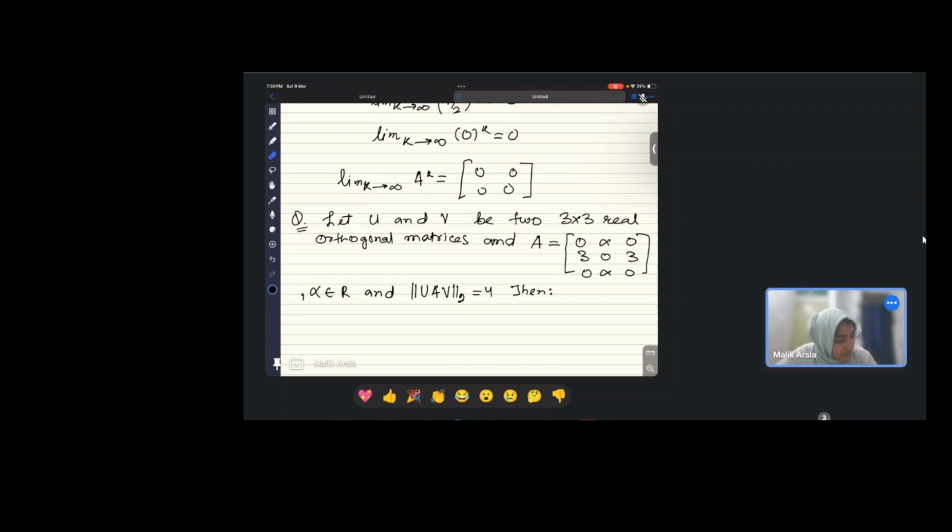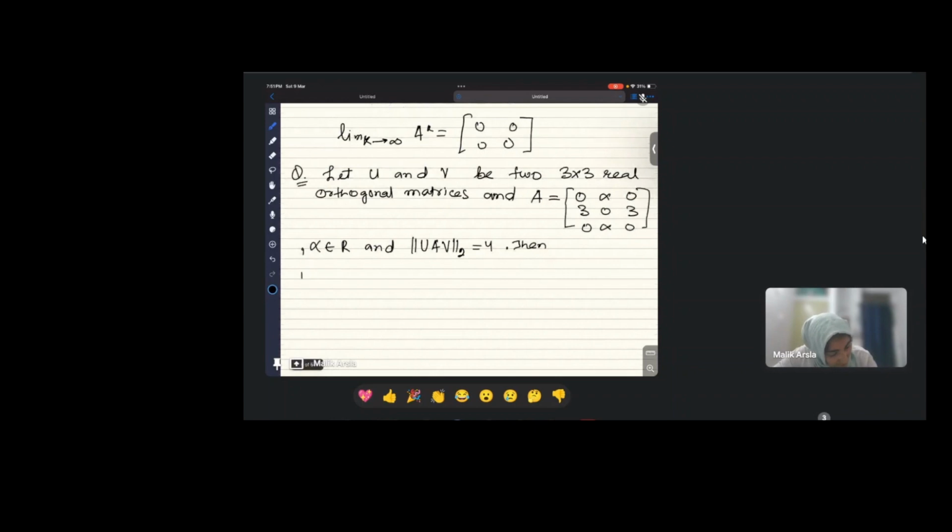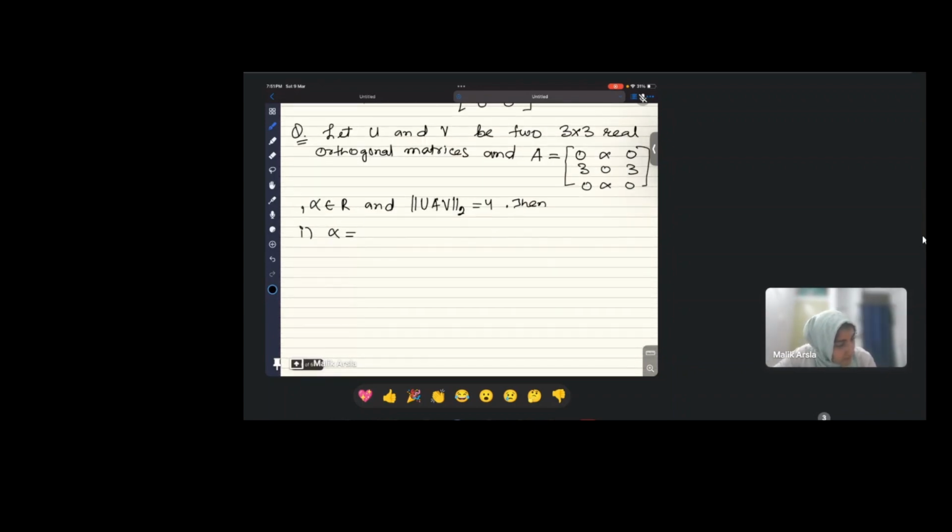Then, the options are: the 2 norm of UAV is equal to 4.